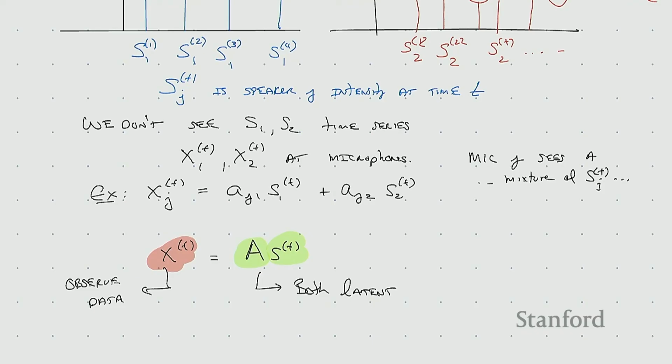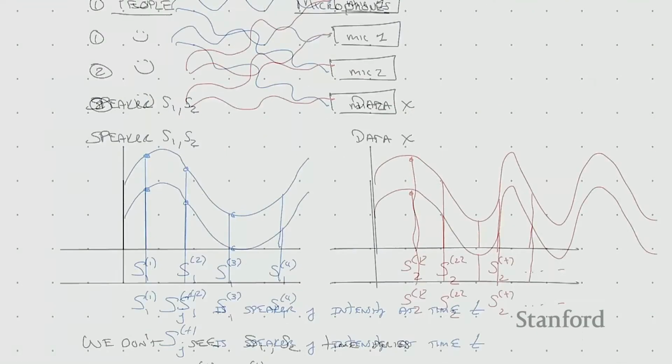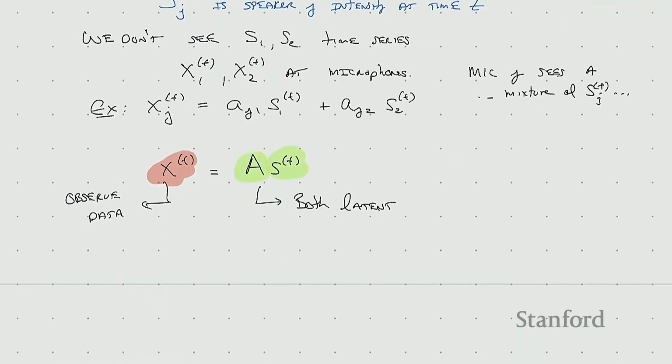All right. Let me write some math. A is actually the mixture. So A right here, this model says that what we see at time t, at microphone J, is some fixed mixture of what speaker 1 said at time t and speaker 2 said at time t. We're not modeling any delay or anything like that.